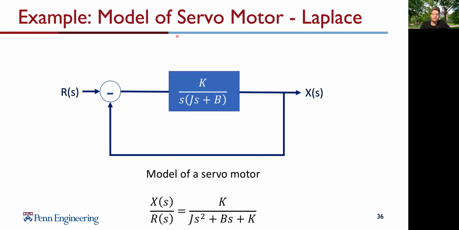And here we see the example of the motor system transferred to the frequency domain, which includes both the motor model and the controller. What we always have is the expression of the output divided by the reference, where we display our transfer function.